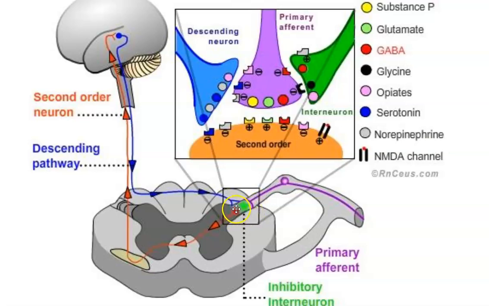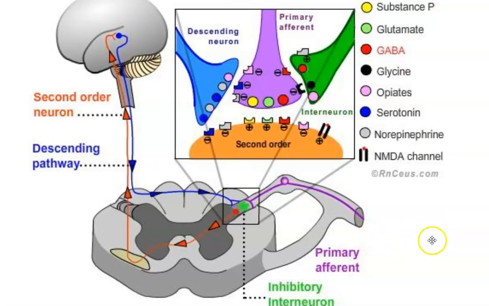And then this is the second cell body that's sending its information up to the brain. And now you have another cell body located here that's sending its information back down. So you have this kind of feedback loop. And I'm going to give you the wording for this to write down as well.